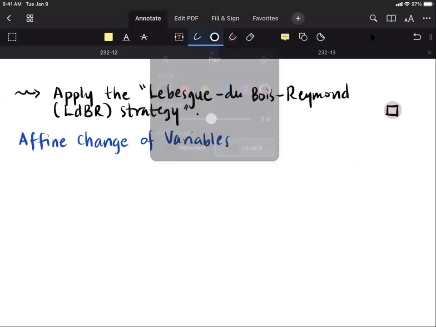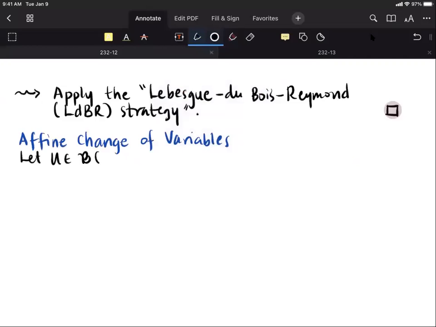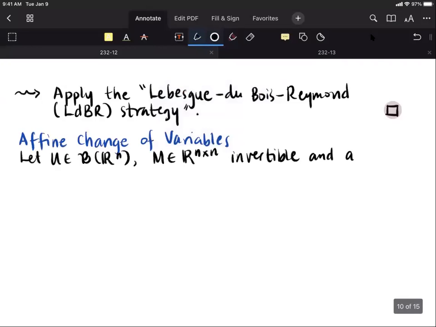So let's start with a Borel set U in Rn, an n by n matrix M, and it is also invertible, and a vector A in Rn. So think of M as the scaling matrix and A as the translation vector.